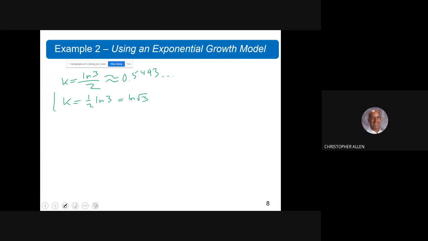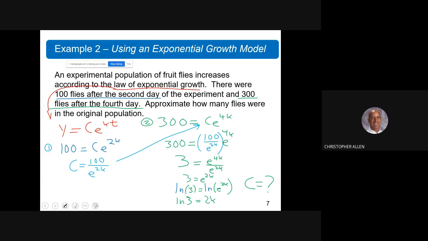Okay, so now I've got k. My question, though, has not yet been answered. And it is, what is c? Well, now we can figure it out, right? I'll just use this equation right here, and I already know what k is. That's going to allow me to figure out what c is.